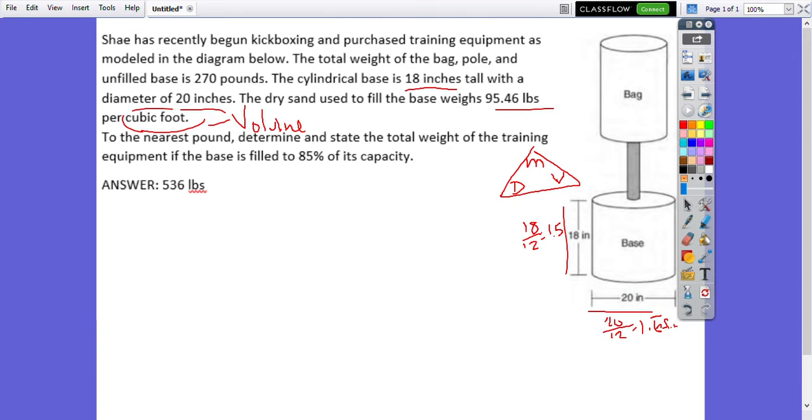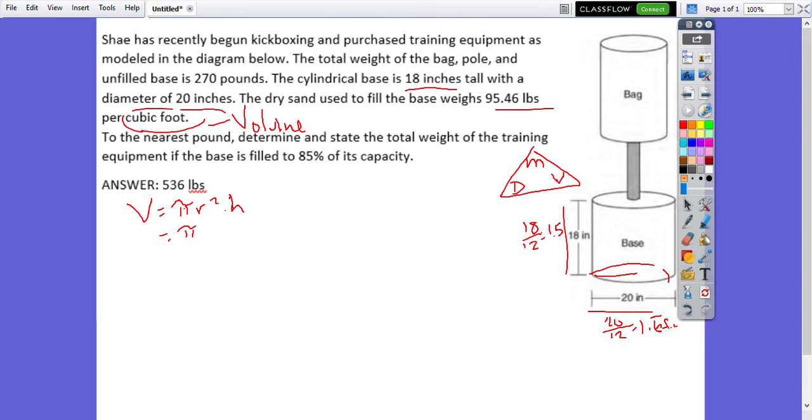So first thing we're going to do is find the volume. It is a cylinder base, so we do pi r squared times the height. Now remember, this is 1.6 repeating, but that's the base. We want to know the radius, so actually we want to do half of that.